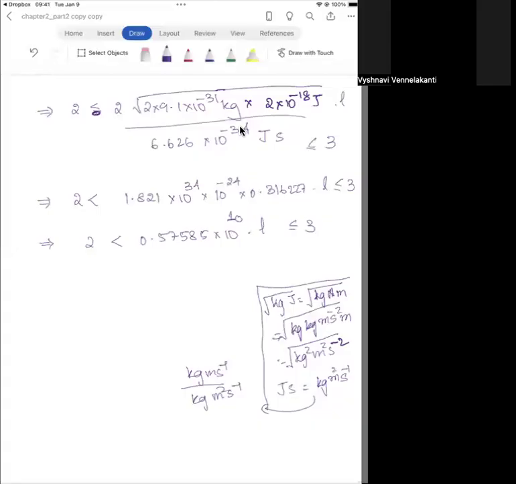So this will get cancelled and you'll end up with per meter. Those will be the units that you have.